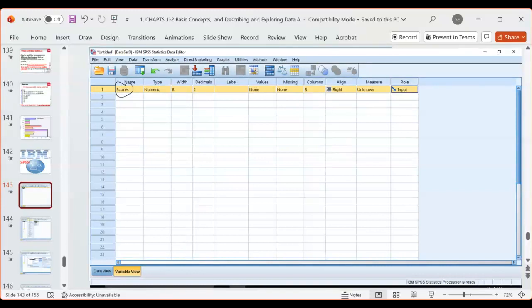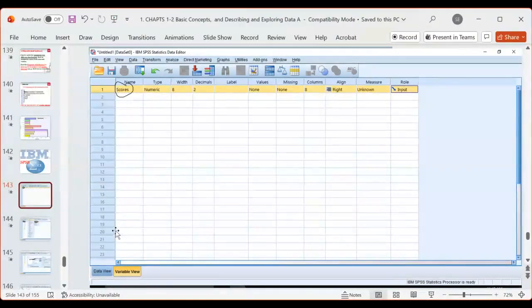Variable is the name of your variable. For research we use this for heavy duty work, but for this small calculation, our variable can be called score, or you can just put X. X means score or scores. That's the name of your variable.